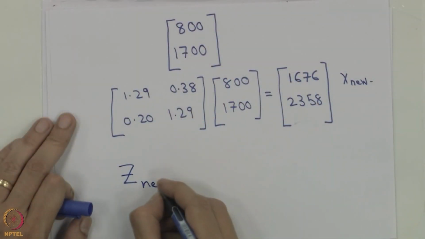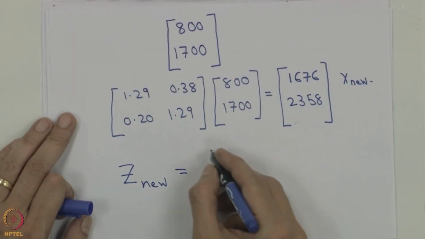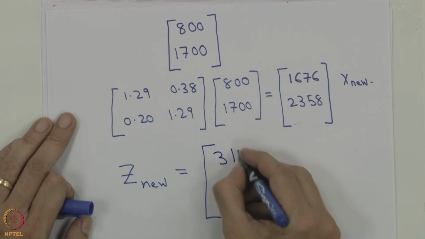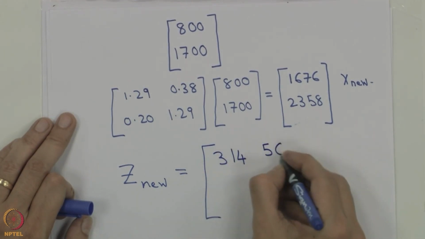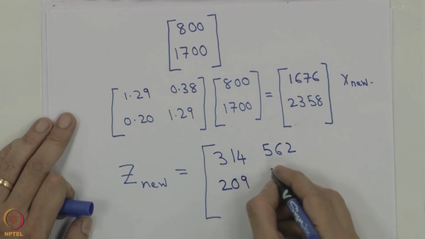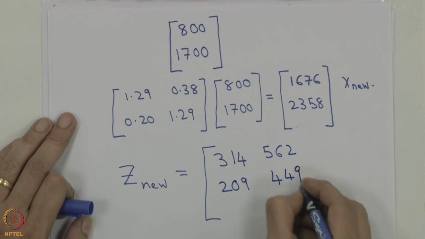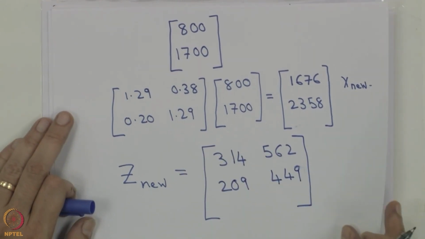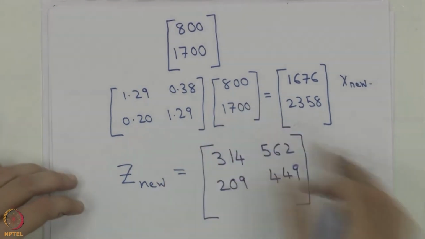Assuming that these coefficients remain constant, we get the value of Z new, and this Z new values turn out to be 314, 562, 209, 449. You can check this for yourself to see if these numbers are what we get. So, unless we made some error in the multiplication, this is the value that we will get.